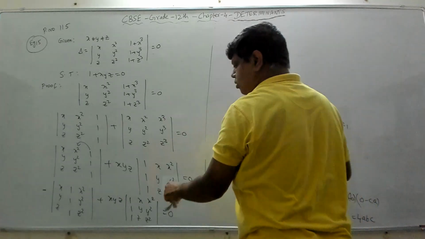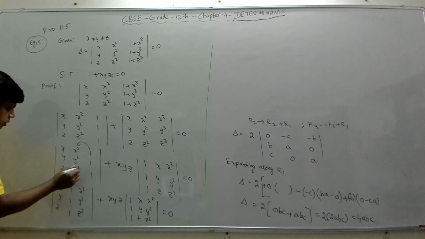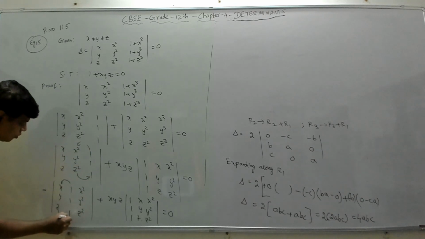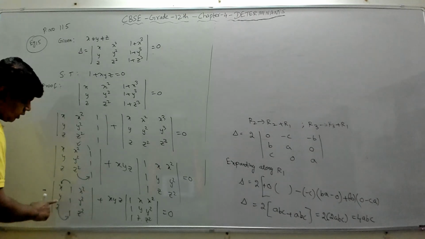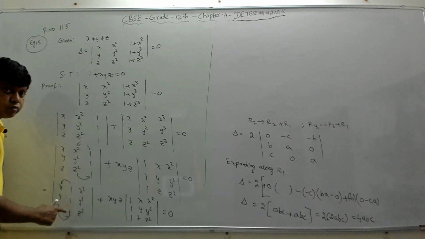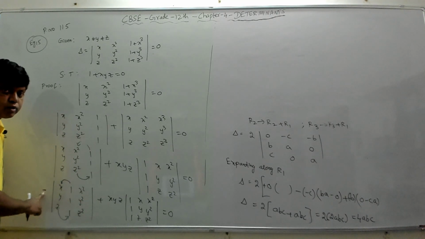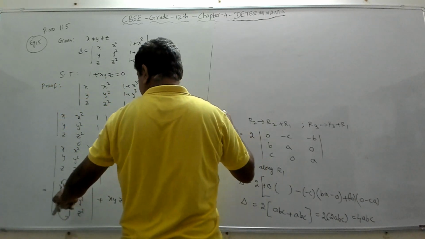Now again, if you observe, here again we can shift this to here and this goes here. One more shift I am doing, so one more minus will come. Again I am going to interchange my column 1 and column 2. That minus will get multiplied with the earlier minus, so minus and minus will become plus. Now the 1, 1, 1 will come to the first column.